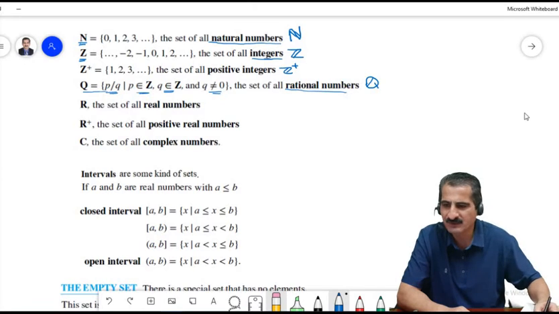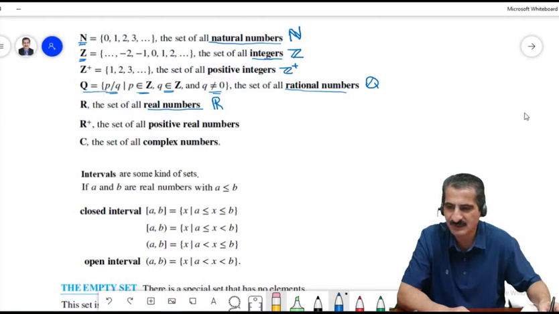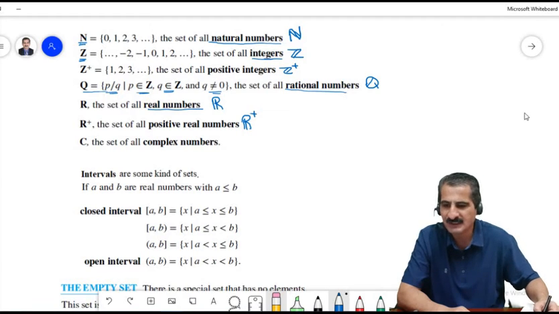R is the set of real numbers, all the numbers you know, assuming you don't know yet the complex numbers. When we want to take the set of positive real numbers, we just add plus on top of R. And there is the set of complex numbers; if you don't know what this means, don't worry about it.